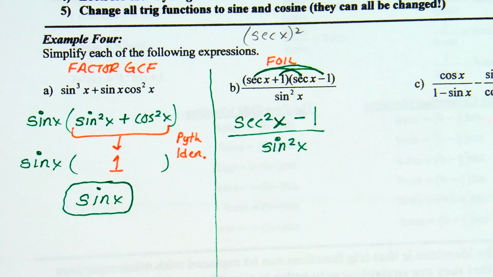When I see squared functions being added or subtracted to other squared functions or ones, I tend to investigate my Pythagorean identities. So what is the Pythagorean identity that uses secant and 1?